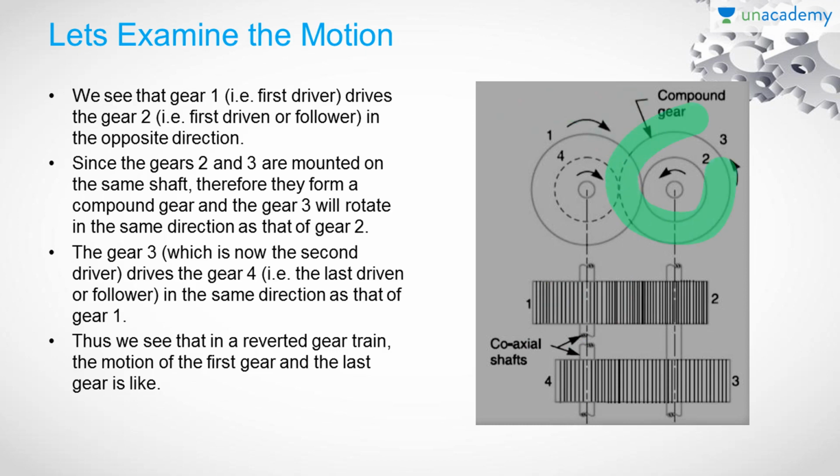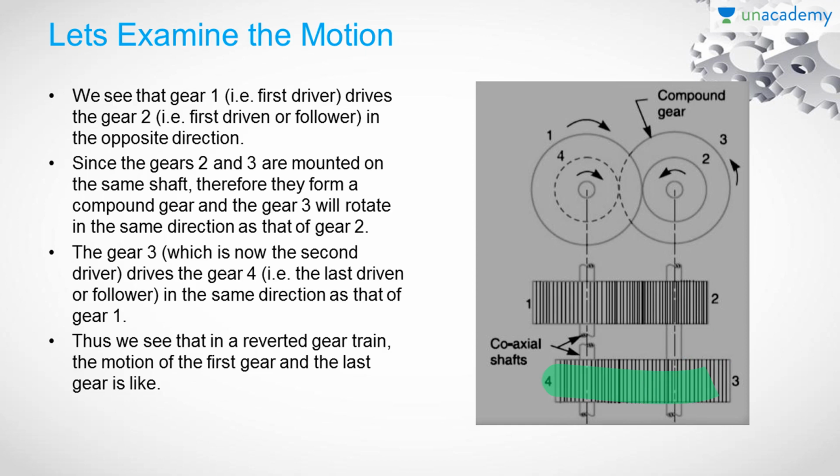They are opposite. Next we have the combination of gear 2 and gear 3. These two gears are mounted on the same shaft, right? Therefore the angular velocities of gear 2 and gear 3 will be the same because they are mounted on the same shaft. They will rotate in the same direction, so the direction of angular velocity of these two is the same.